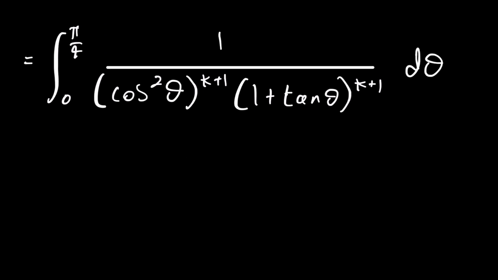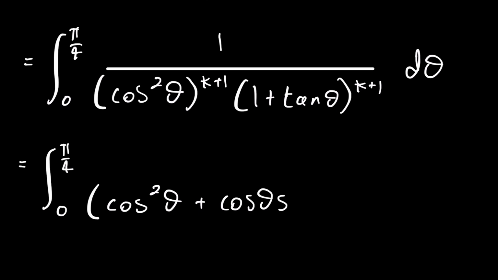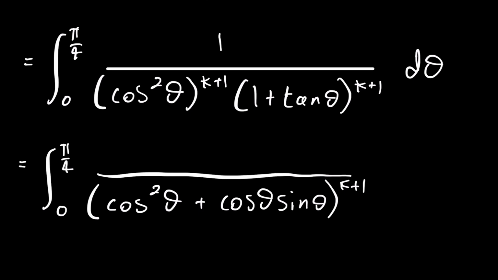So now it would be wise to combine these brackets, because then we can start moving towards getting the rest of that expression in. So we'll have cos squared theta plus cos squared theta tan theta, which is just cos theta sine theta. This is all to the k plus 1.